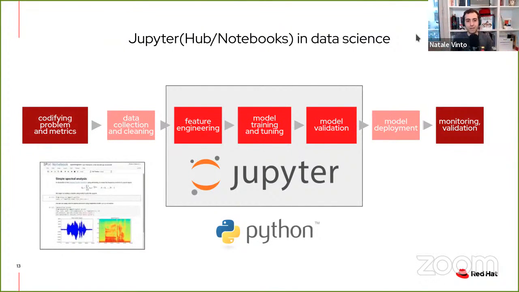If we consider those kinds of building blocks, this is the domain where a popular software like Jupyter and the Python programming language stand, which is the feature engineering, model training and tuning, and model validation. In fact, today we're going to do our hands-on using JupyterHub, Jupyter Notebook on a Kubernetes environment that we will talk about in a few moments.